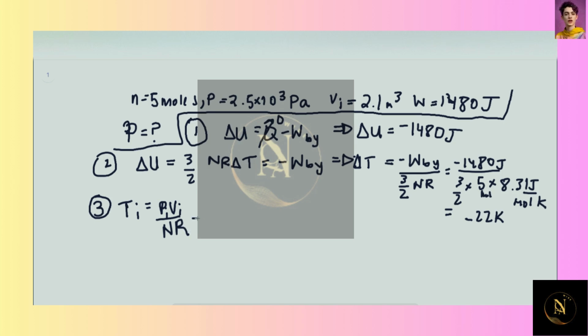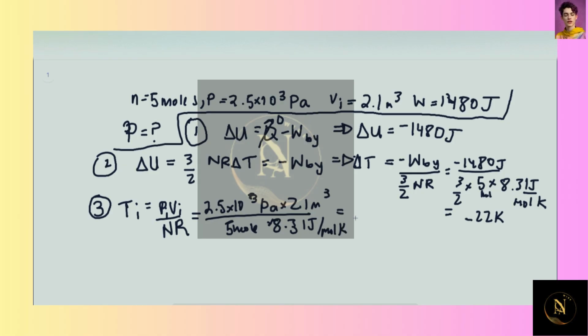If you go ahead and calculate this, it's 2.5 times 10 to the 3 pascals times 2.1 meter cubed, all divided by 5 moles times 8.31 joules per mole Kelvin.